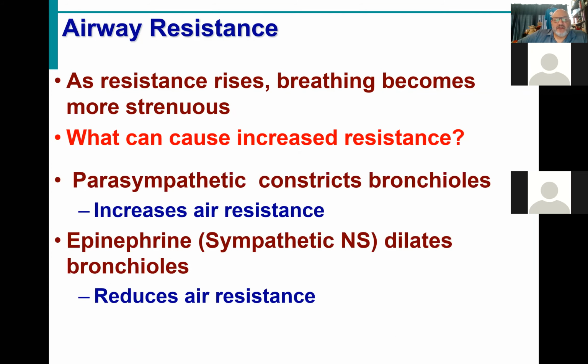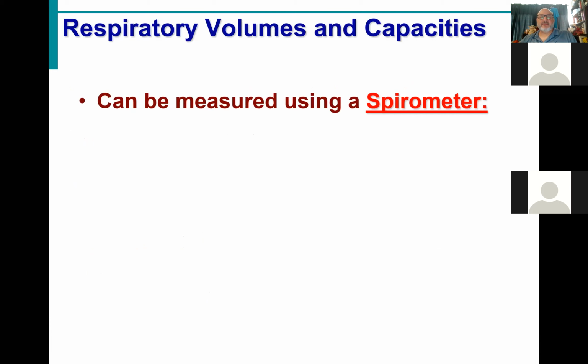Whereas conversely, epinephrine, from our sympathetic nervous system, dilates the bronchioles, reducing the air resistance. So that change in the diameter can be influenced by chemicals like histamine, like the acetylcholine released by the parasympathetic nervous system, and like the epinephrine released from our sympathetic nervous system. Change the diameter, you change the resistance.